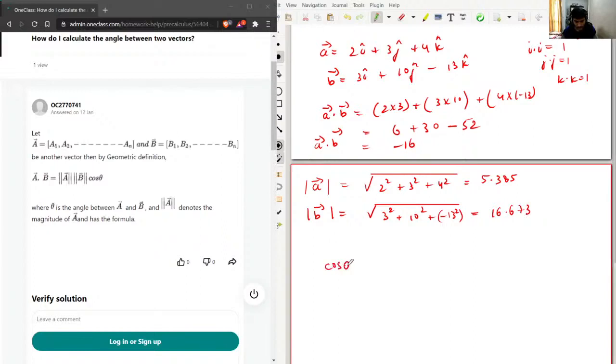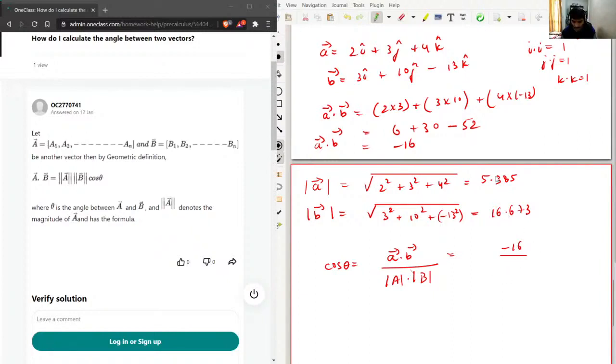So cosine of theta will be a dot b over magnitude of a times magnitude of b. So a dot b was negative 16. I think this angle is going to be in either second quadrant or fourth one, because cosine is going to be negative here.